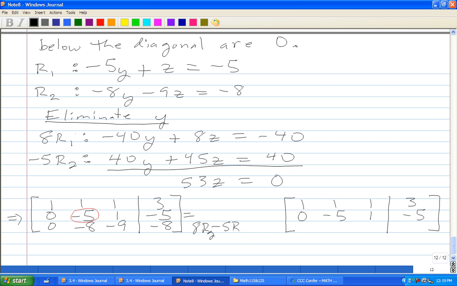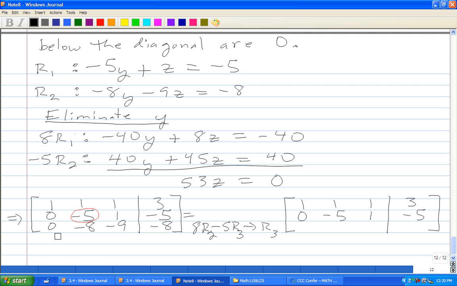That's the second row, and that's the third row. So I'll take 8 times the second row, negative 5 times this third row, to give you a new third row.